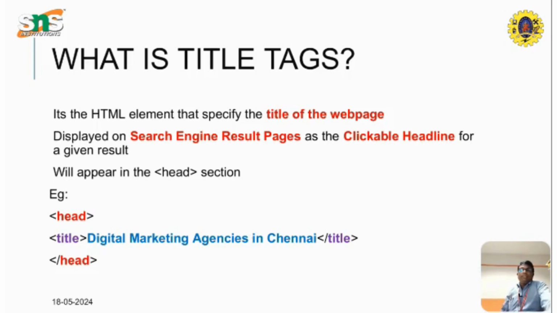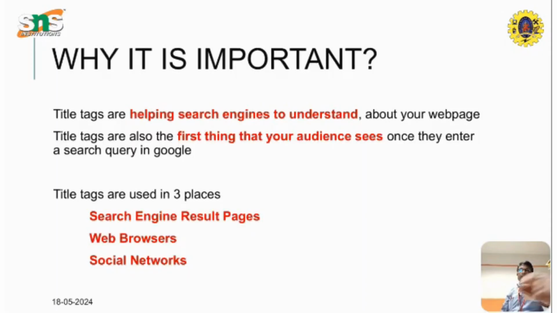Now we know what a title is, what a head is, what tags are. Now why is it important? Why should we know about all these things? Because of search engines, how we get web pages. Search engines search for information through the use of these tags. They understand how these tags are arranged, so they retrieve information accordingly.